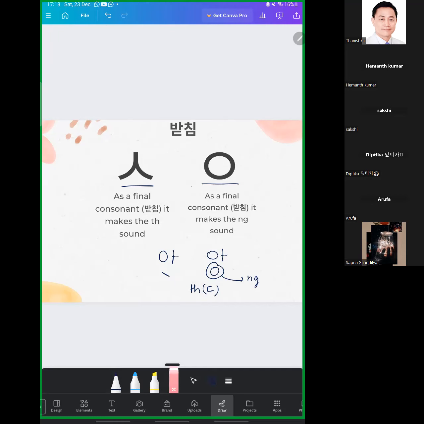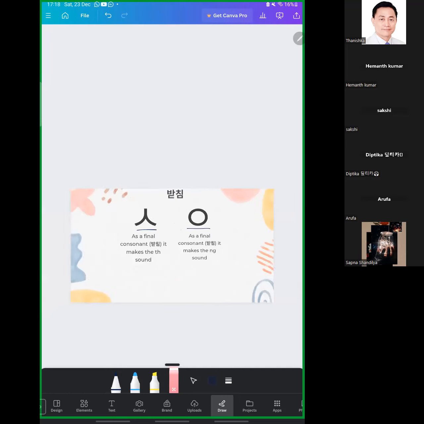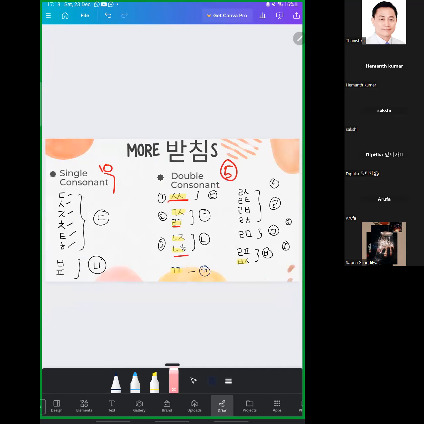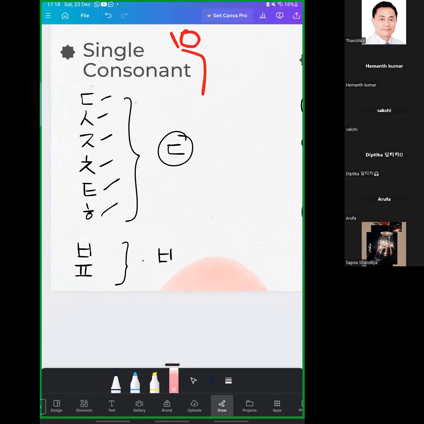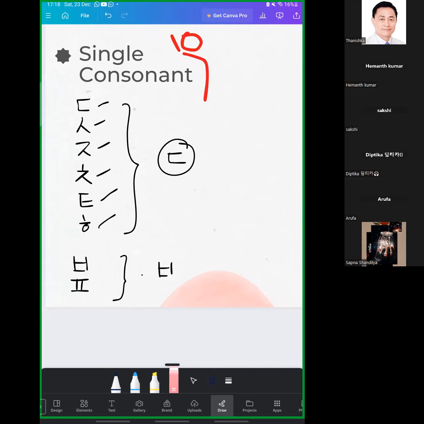So in the previous class, we learned a few more bhatshims, and that is mentioned here in this slide. First, in the single consonant, you have these many alphabets that can come as a final consonant. The first set of alphabets make the same sound as this letter as a final consonant.